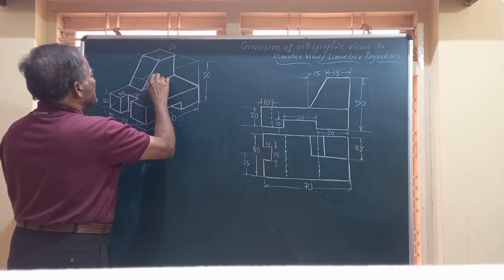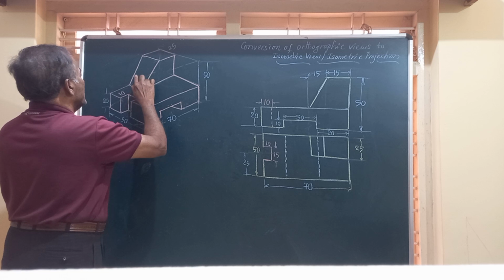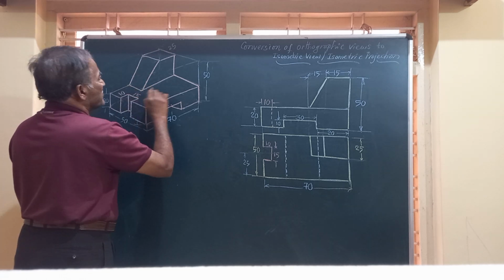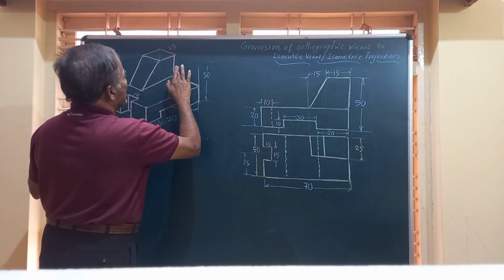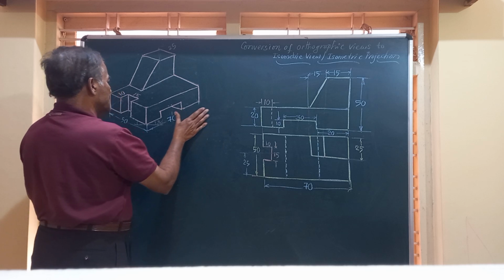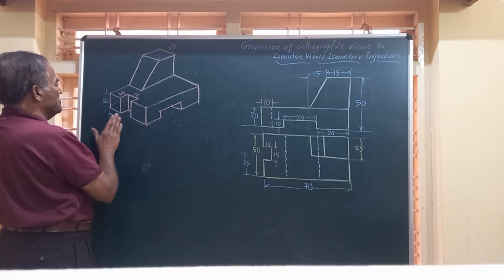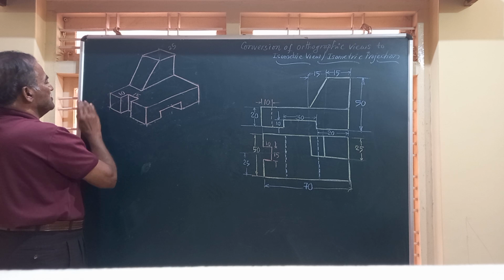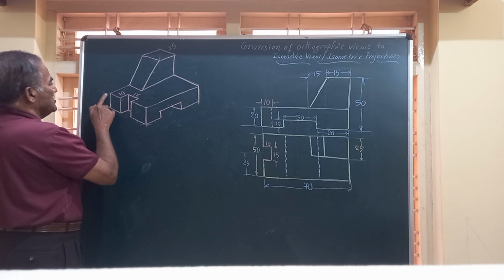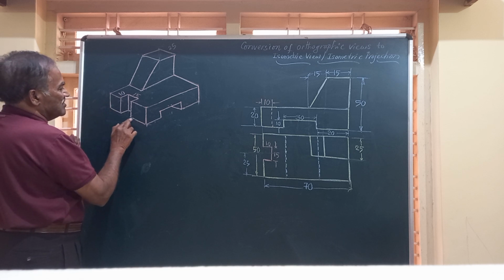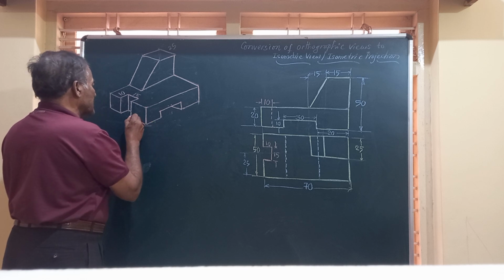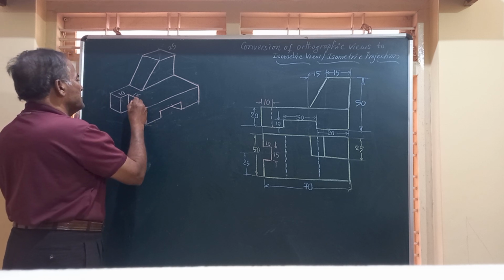You can retain, there's nothing wrong, but to get a clear picture of this, we have to remove all these unwanted lines. So friends, I have removed all these unwanted lines, including this dimension here. So friends, you can have a look at this, and this is looking better than the figure we had with the construction line. This is how it looks, friends.